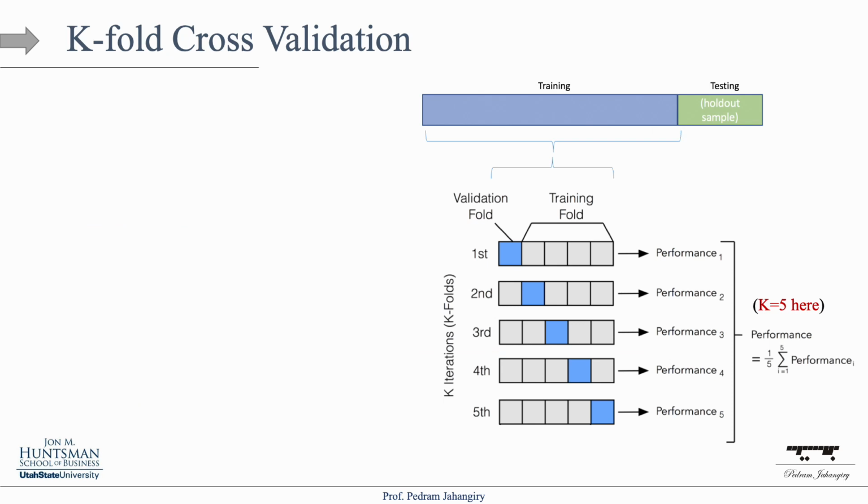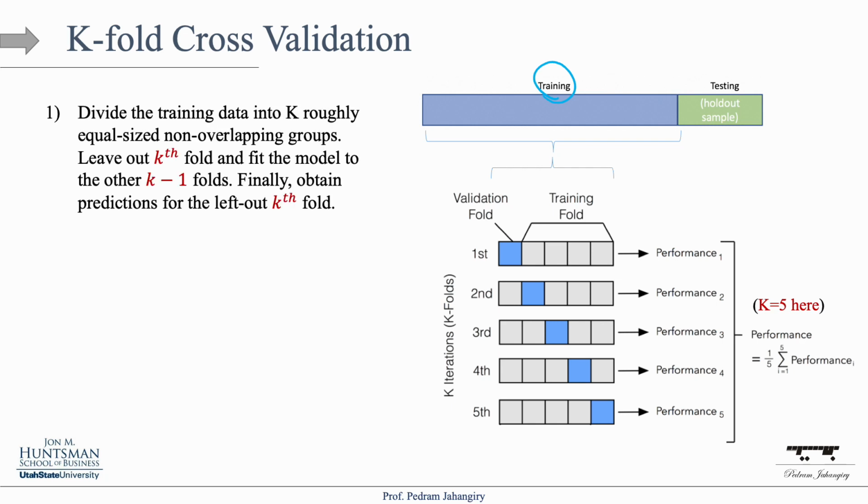Now, what is k-fold cross-validation? Remember, we're going to use the train set and apply cross-validation over the train set, right? So how do we do that? We're going to divide the train set into k roughly equal size and non-overlapping groups. So for example, here we are going to divide our train set into 5 folds. 1, 2, 3, 4, 5.